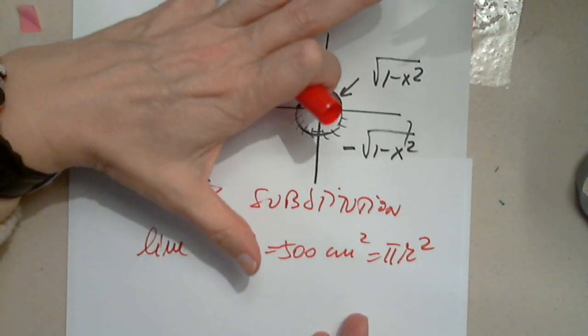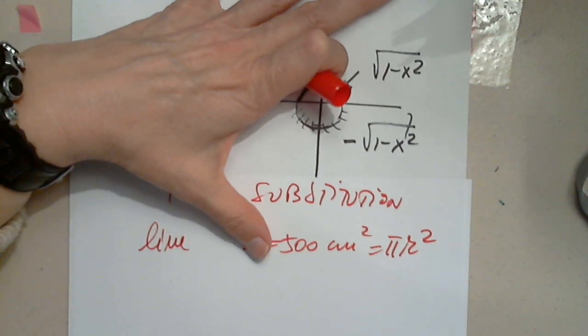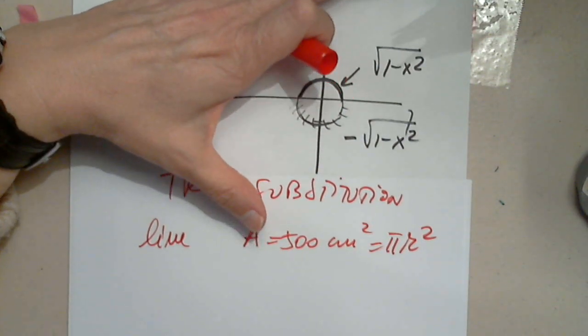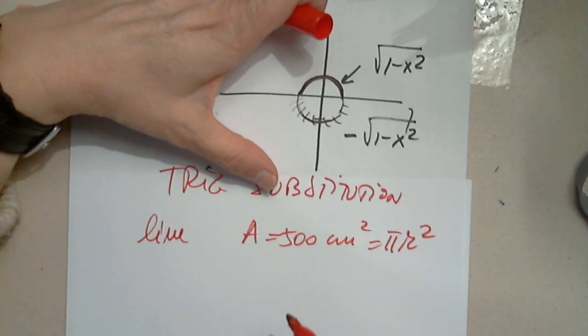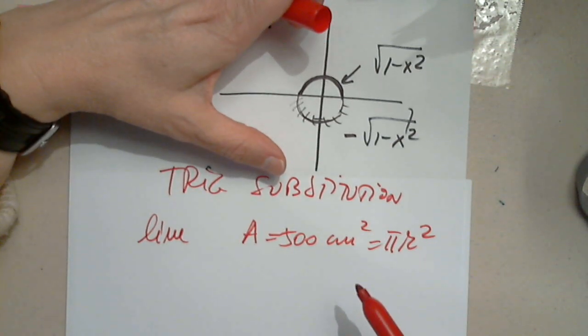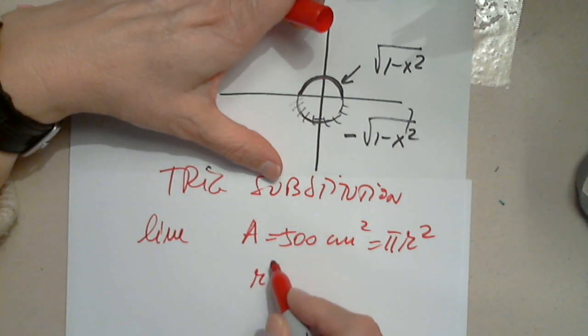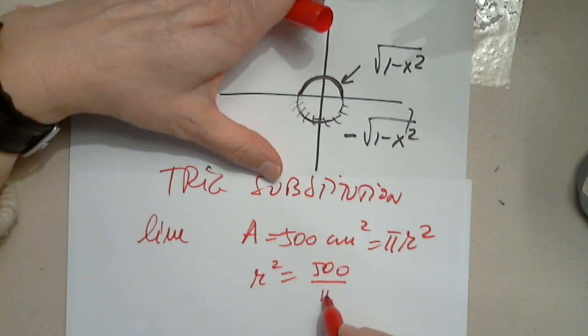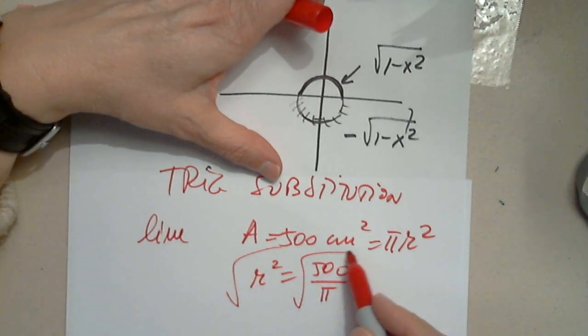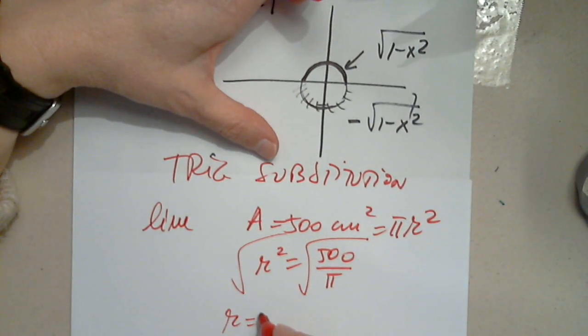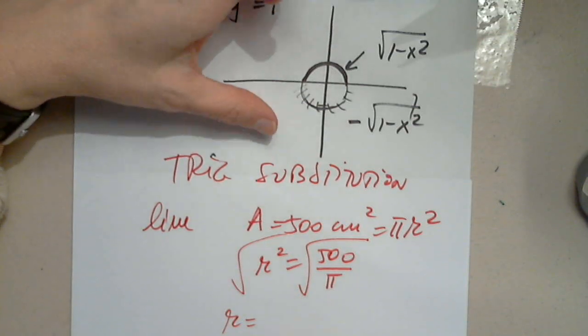No, it's fine. It's mostly just a refresher on the whole precise definition, doing the solving, and then the epsilon and delta. Sure. So first of all, I have r squared equals 500 over pi, and I have to take the square root, and I get r. I should put plus or minus, but it's a radius, so I can't.